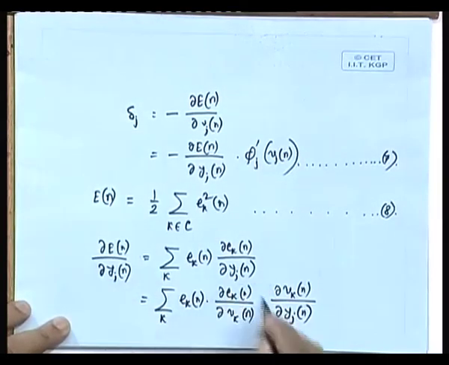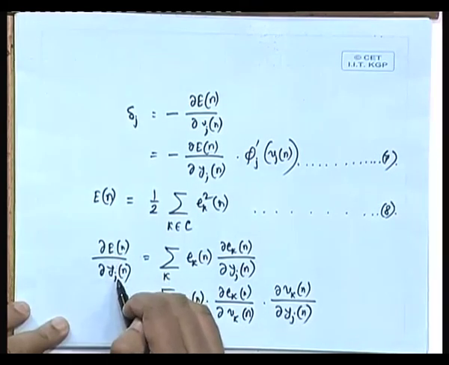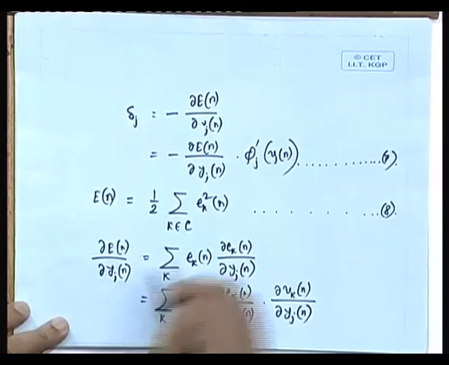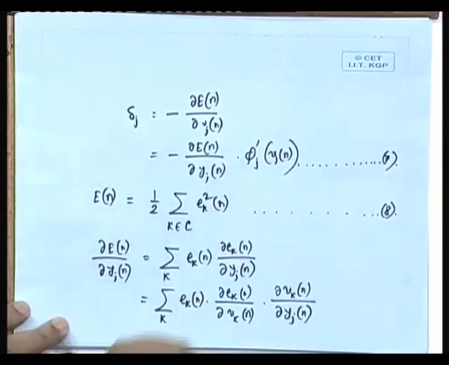We should be able to compute dou Ek dou Vk very easily, okay, and then we will be in a position to calculate dou E dou Yj, and if we calculate dou E dou Yj, we will go back to equation number 7 and we will be calculating delta J. And what is delta J?